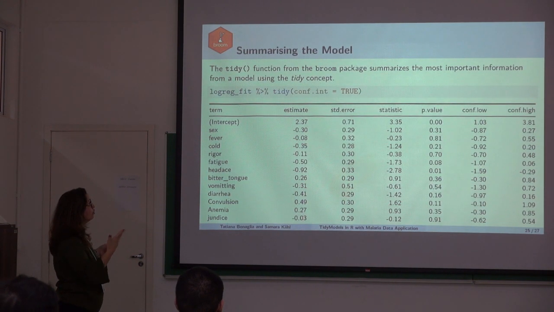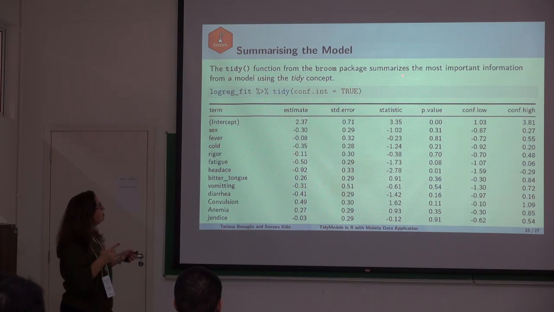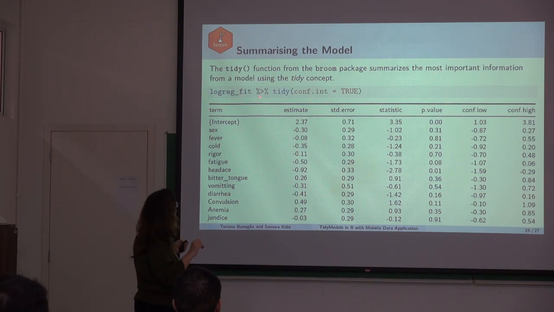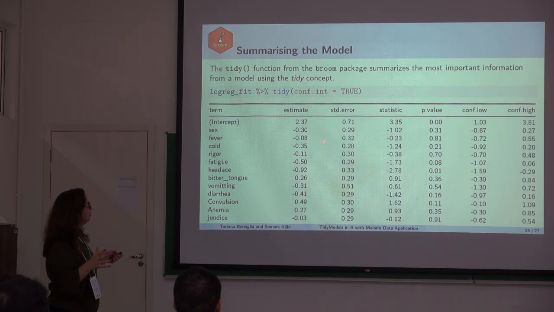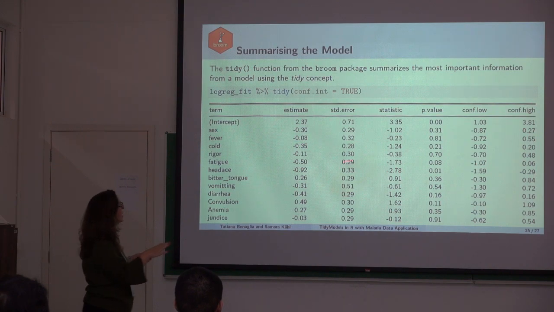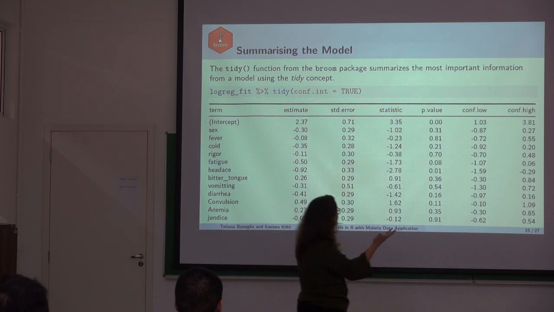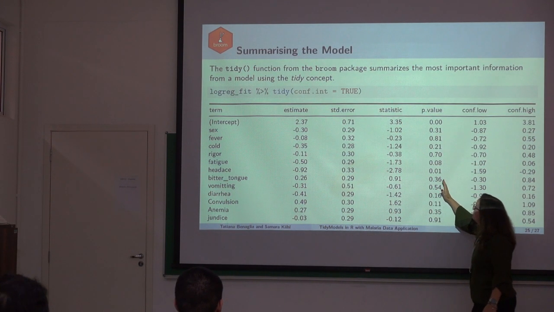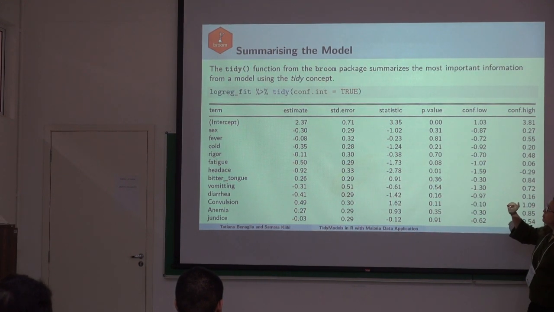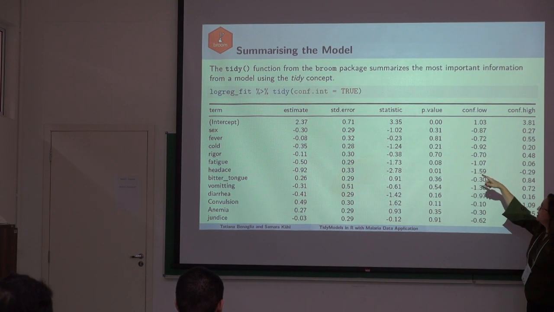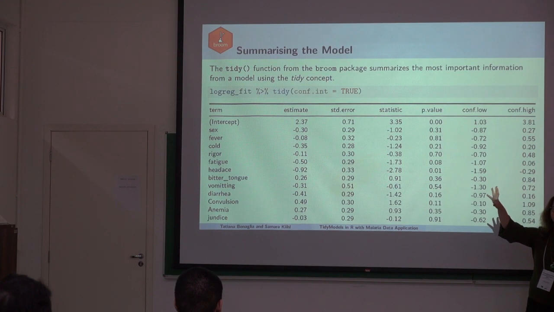How do I show you the results, like the summary in the LM, or something similar? The tidy function from the broom package summarizes the most important information from a model using the tidy concept. So up to here is what we have in the summary of a regular model. But you can also say exponentiate equals true.